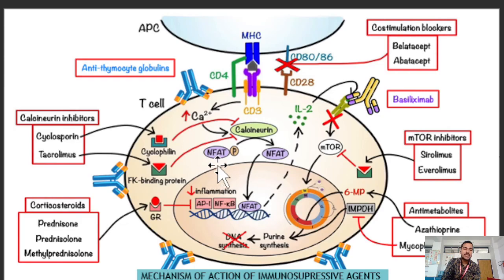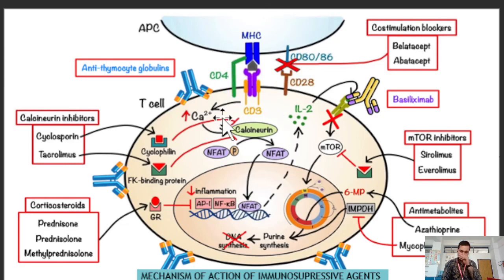This NFAT is normally in a phosphorylated state. When NFAT is phosphorylated, it cannot enter the nucleus of the T cell. But as soon as NFAT is dephosphorylated, it becomes very easy for it to enter the nucleus.